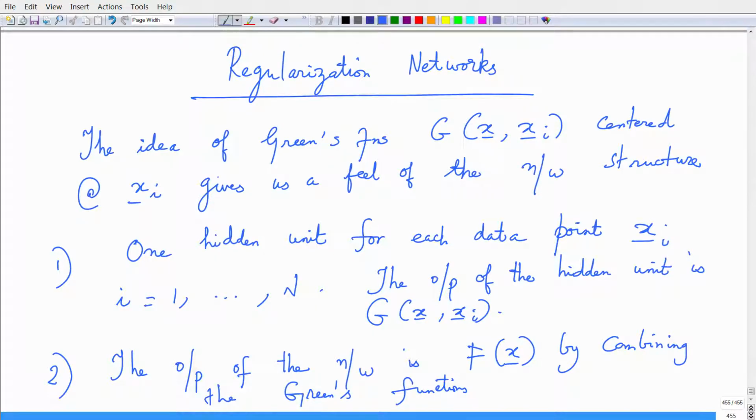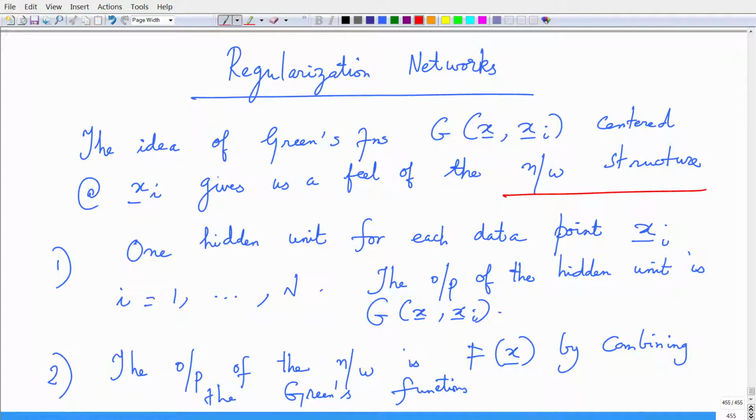Okay. And let us make some simplifications of how we can arrive at this network. The idea of Green's functions g of x comma xi centered at xi gives us a feel of the network structure. It is very important.